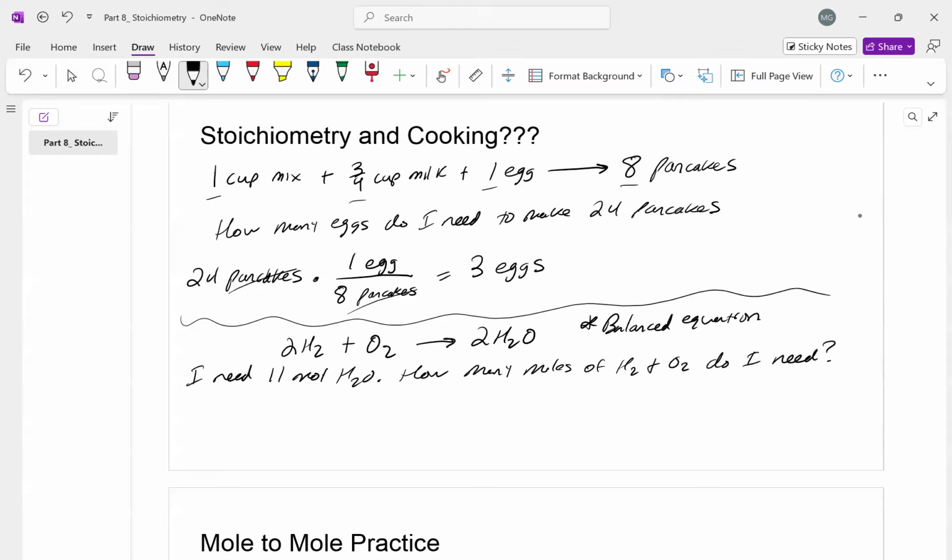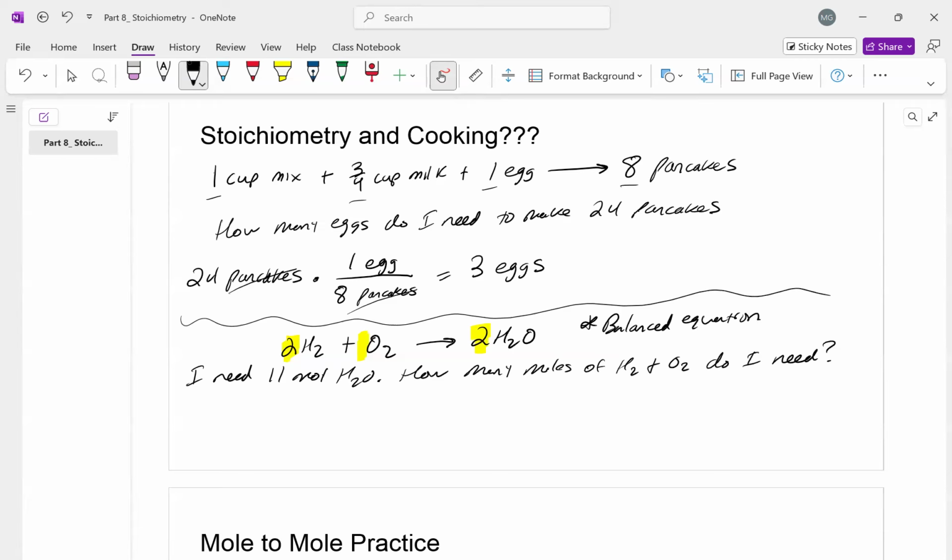Let's analyze what these coefficients mean, and we assume the one for oxygen is 1. We can go down to the smallest scale and say 2 molecules of hydrogen will react with 1 molecule of oxygen to make 2 molecules of water.